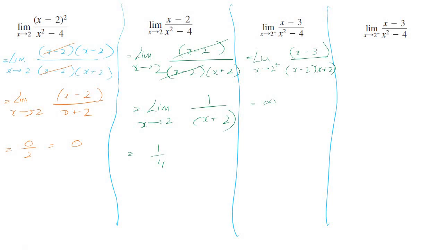Next question is similar, but it is limit as x tends to 2 in the negative direction. So we have x minus 3, and we can factorize this as x minus 2 and x plus 2. And as it tends from the negative side, we see that the denominator is still 0. We can't cross off any of the terms, so we say it tends to infinity.